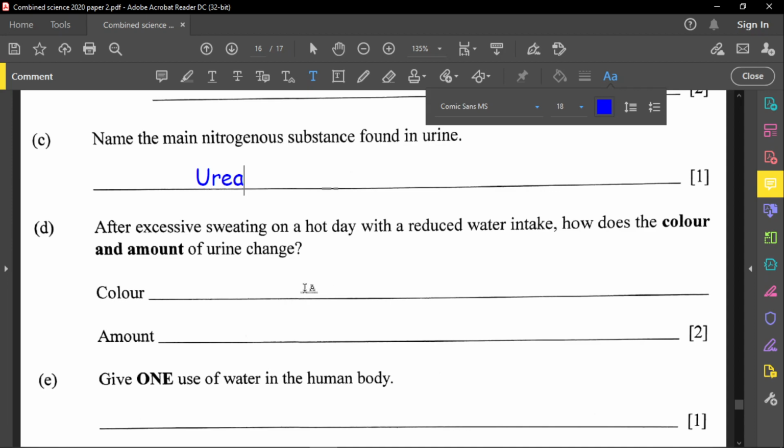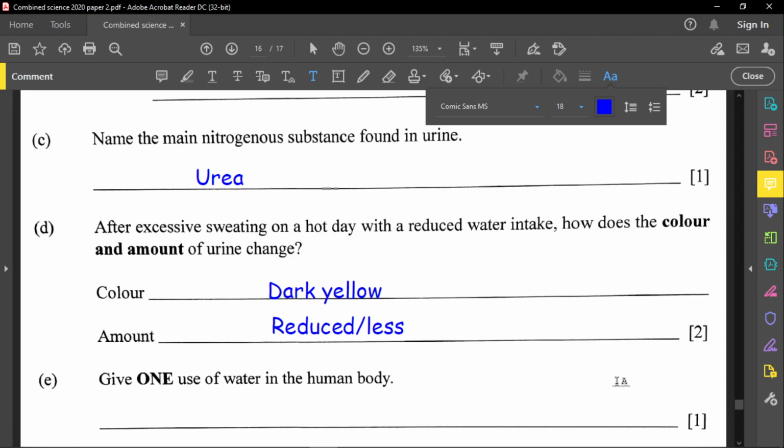Remember, you're losing water by sweating, so less water will be in the urine. So the color of the urine will be dark yellow, that's bad. And the amount of urine will reduce, you have less urine.